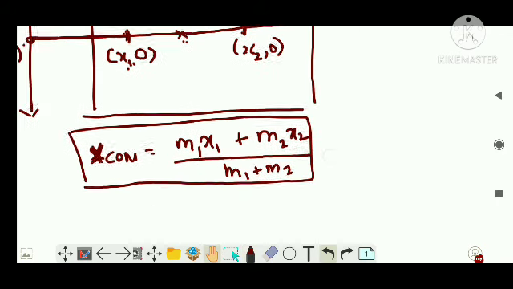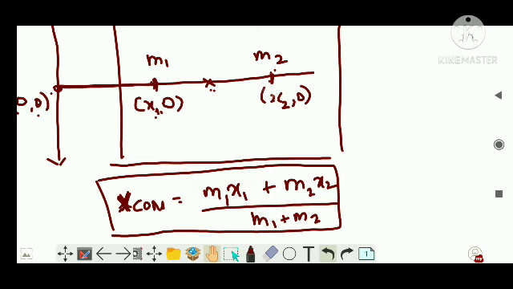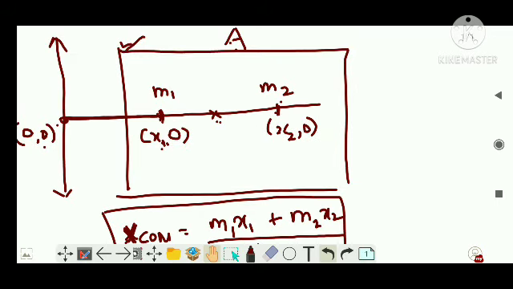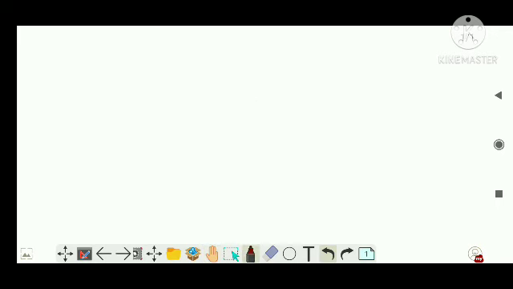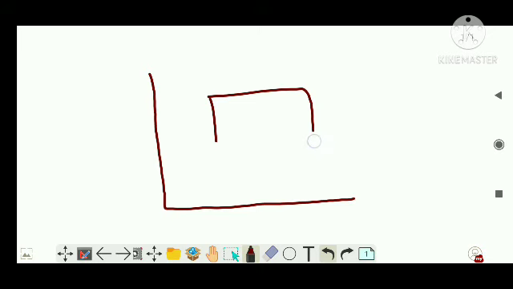Now, I have drawn this very simply, with only x1 and x2 coordinates and no y coordinate. But the question can come if the object is positioned like this: mass m1 and mass m2 can have both x and y coordinates. This will be the x1 coordinate, this will be the y1 coordinate. The other particle will have an x2 coordinate and a y2 coordinate. It can happen, right?